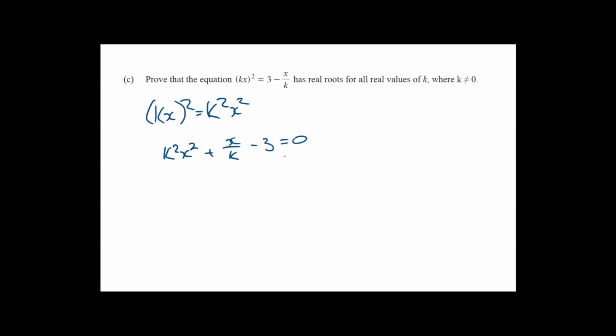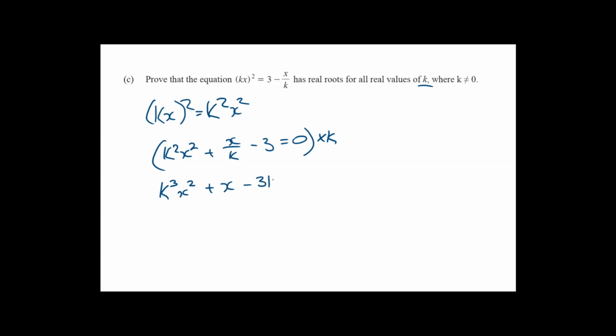Now this might not look like a quadratic, but let's make it a quadratic. Let's multiply both sides by k. See why in a second. And I get k cubed x squared. Remember, k is a real number. Plus x, because x over k times k is just x.